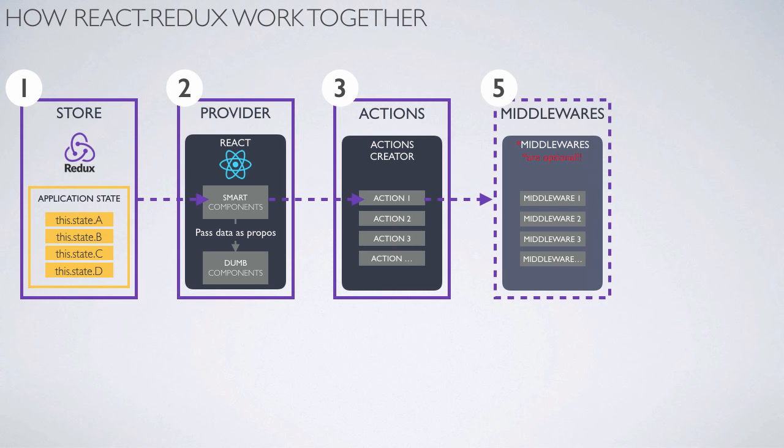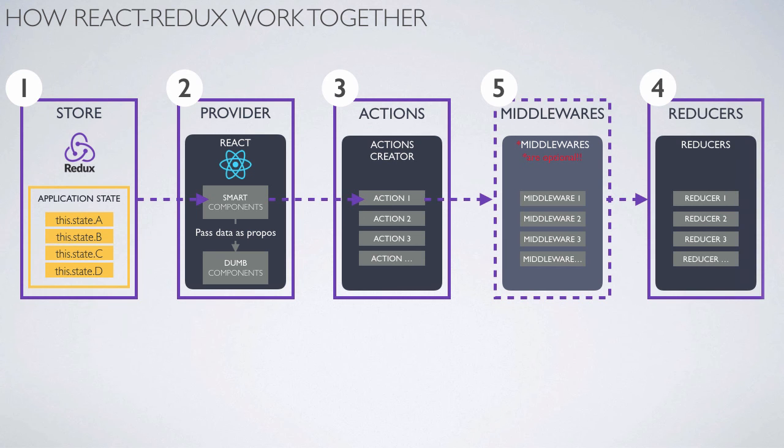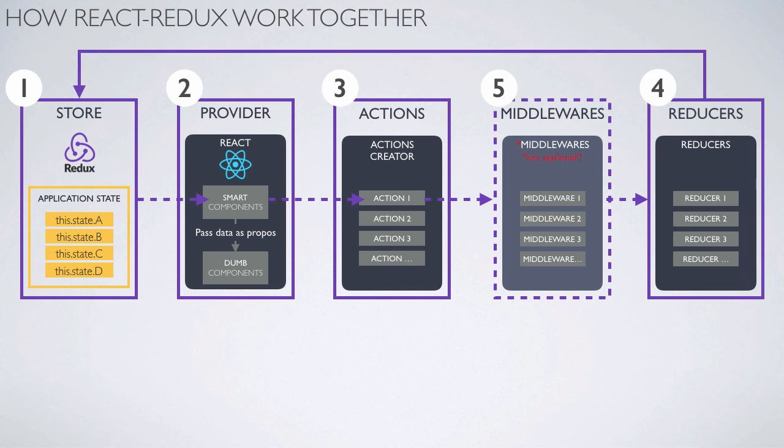For instance, you may want the current action to invoke other actions automatically, and so create a kind of chain of actions. Then the action reaches the reducer, which evaluates what to do with that action and finally updates the data in the store, which then updates the app, and so on in a circle.